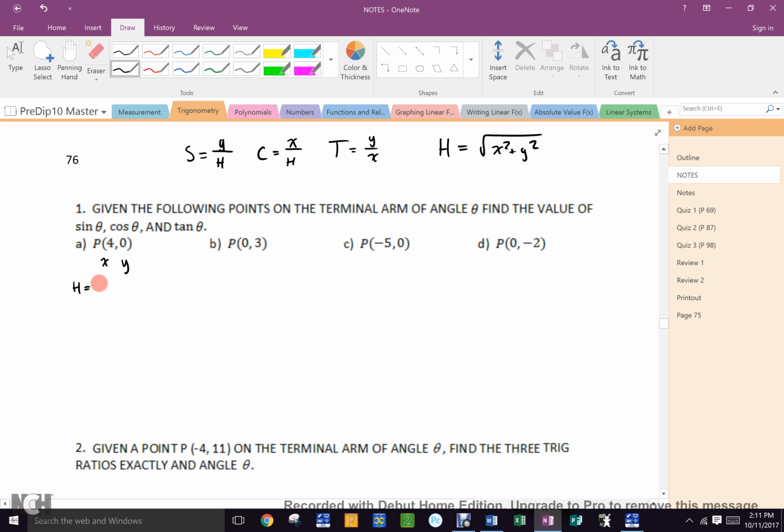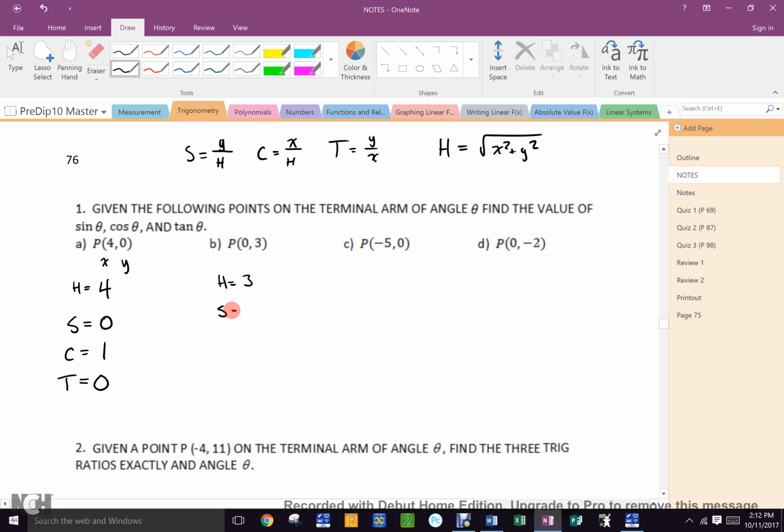The hypotenuse is 4. So what is the sine? 0 over 4, which is 0. What's the cos? 4 over 4, which is 1. What's the tan? 0 over 4. Excellent.